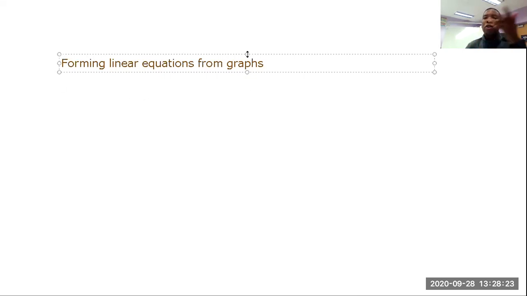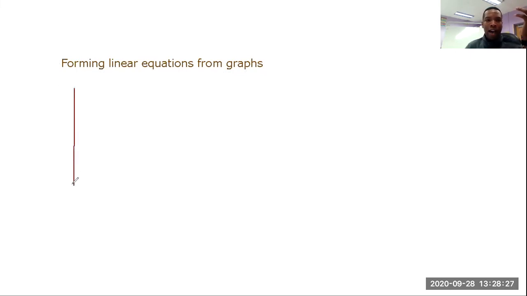All right, so forming linear equations from graphs. I'm going to start out with just a regular graph. I have my y-axis and my x-axis.